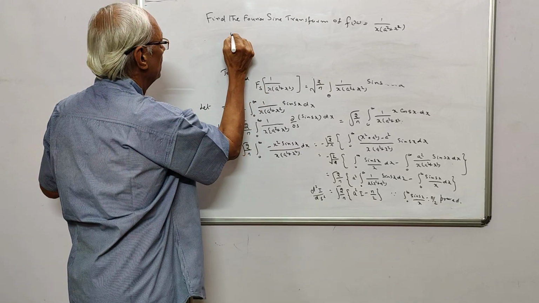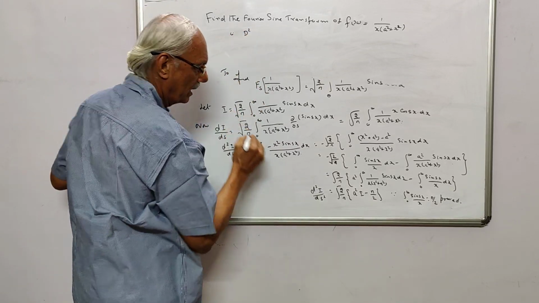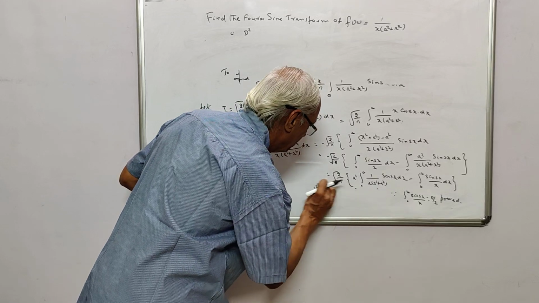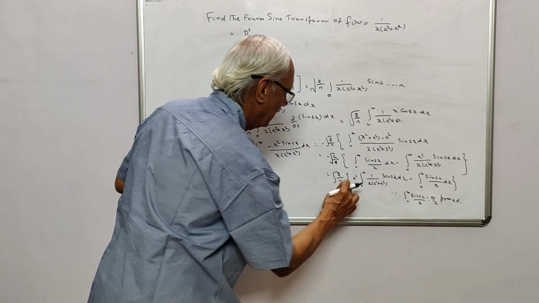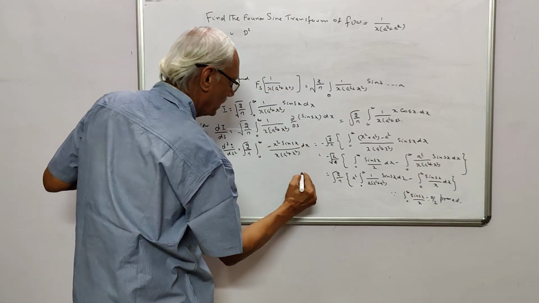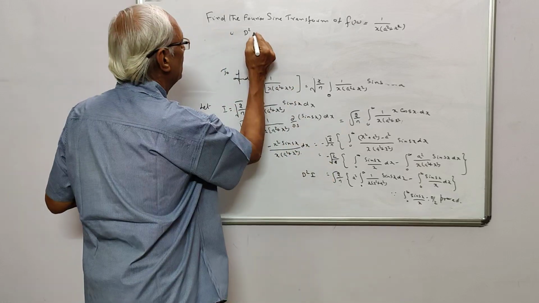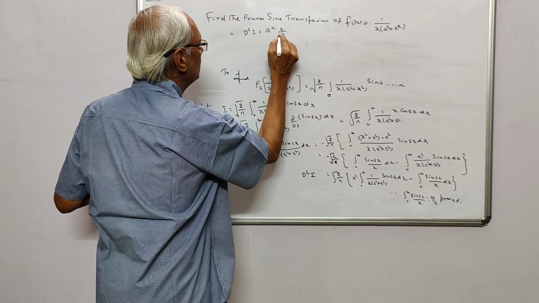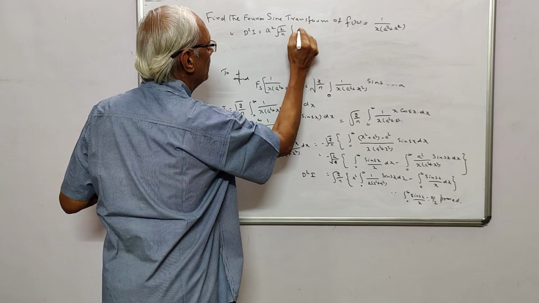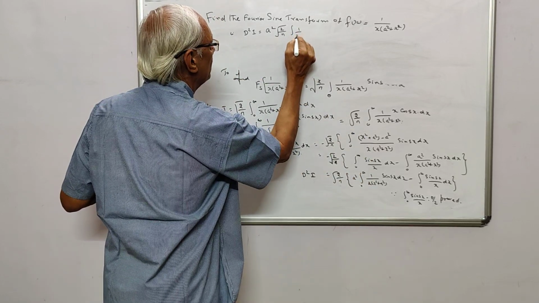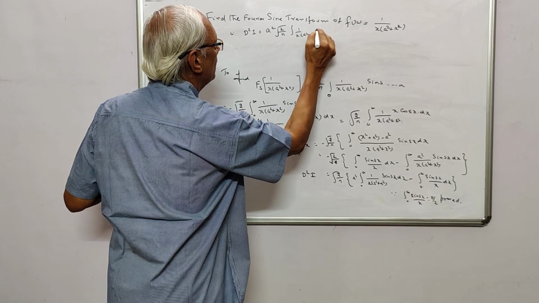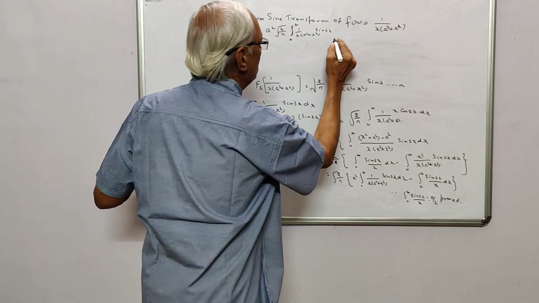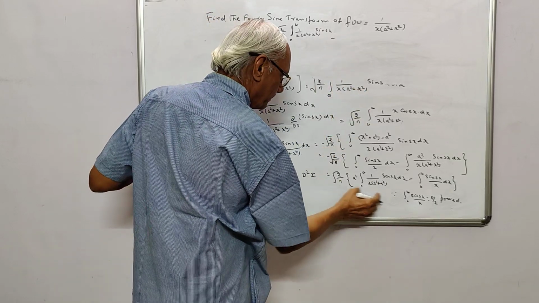I will write this step as, see, I will take this d squared I is equal to integral of infinity minus, take this inside.